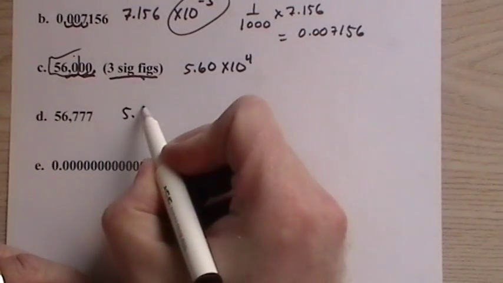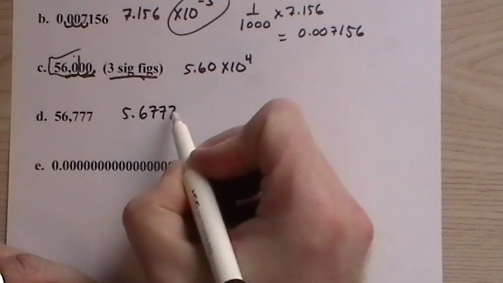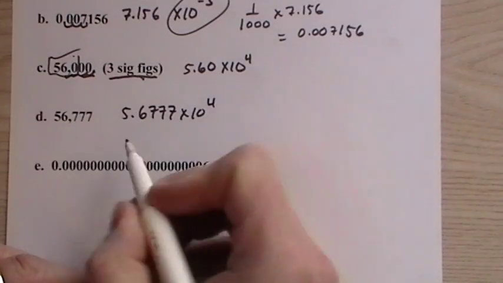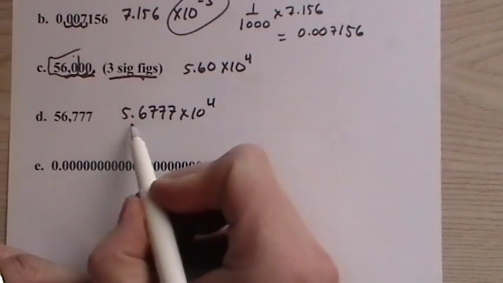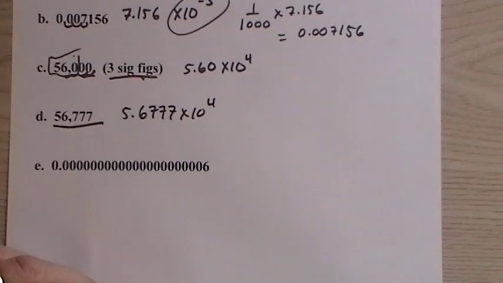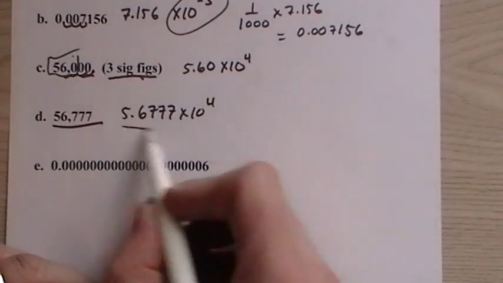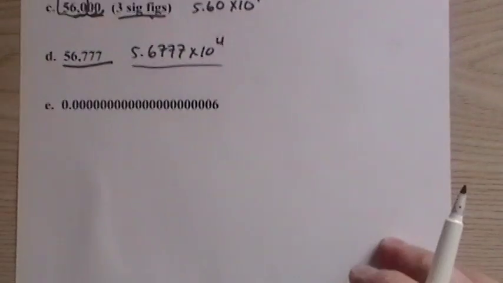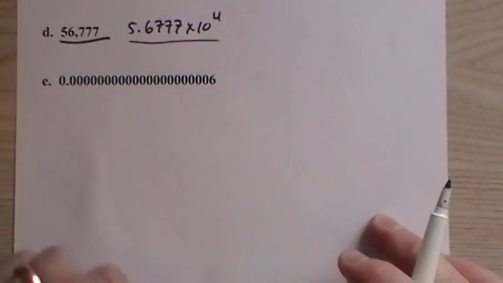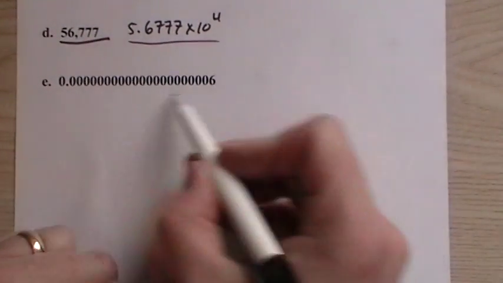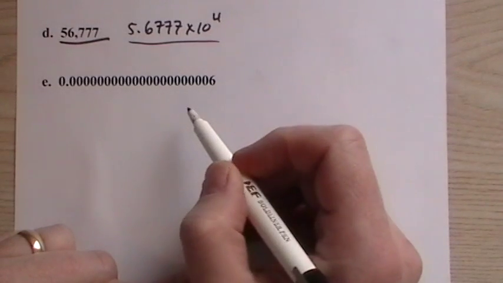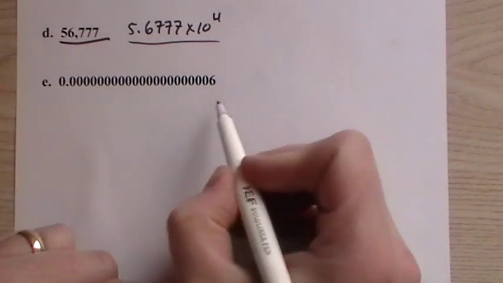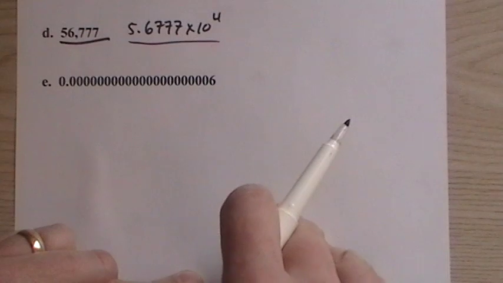56,777. Now this would be kind of a waste to do this because all we're doing is making work for ourselves. We have to put in all the digits because they're all non-zero, so they're all significant, they all go in. But always 1 to the left, all the way up. This guy, all these leading zeros, none of them are significant. And when you say they're not significant, you don't say they're insignificant.